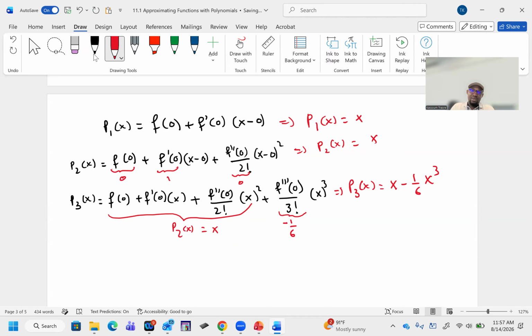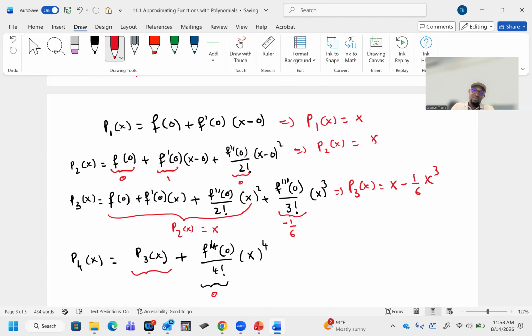If I follow the same pattern, p sub 4 of x would be p sub 3 of x plus the fourth derivative of f of 0 divided by 4 factorial times x minus 0 to the power of 4. The fourth derivative of f of 0 is 0.